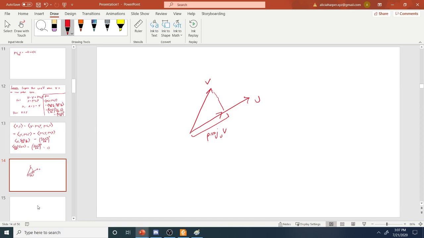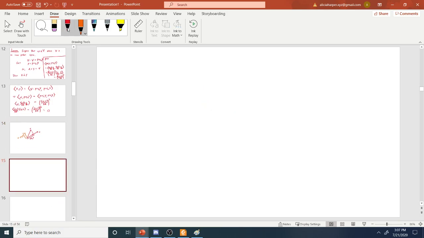And then if we subtract this from this, what we get left over is this, and this right here is v minus the projection of v onto u. And so this is the last lemma in kind of geometric form. All right, so given this, we can now prove a general form of Cauchy-Schwarz.